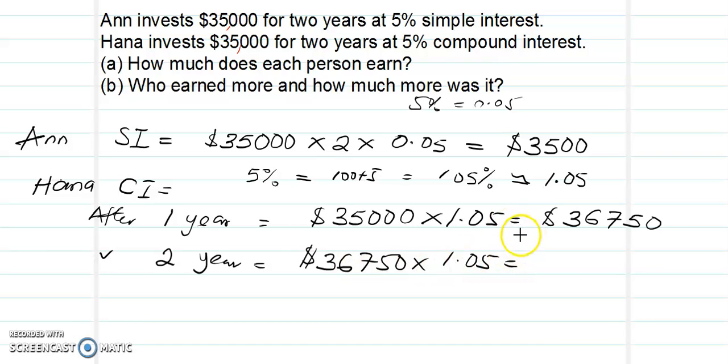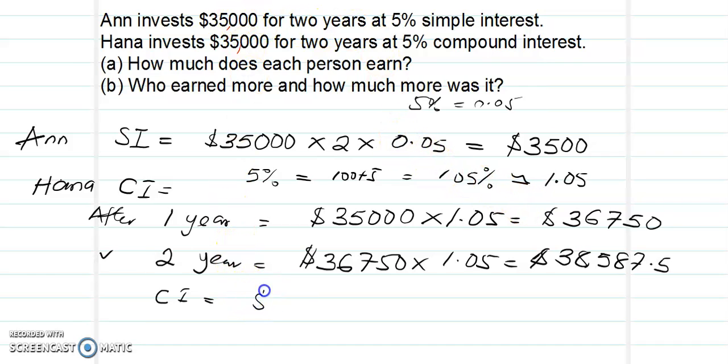That gives us $38,587.5. That is for the second year. So since she invested for 2 years, the compound interest will be this amount minus the original amount.